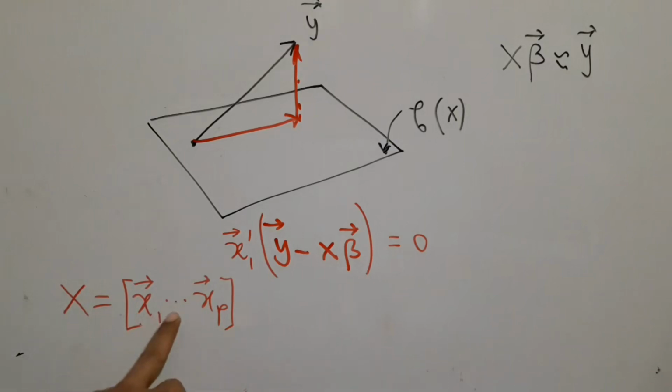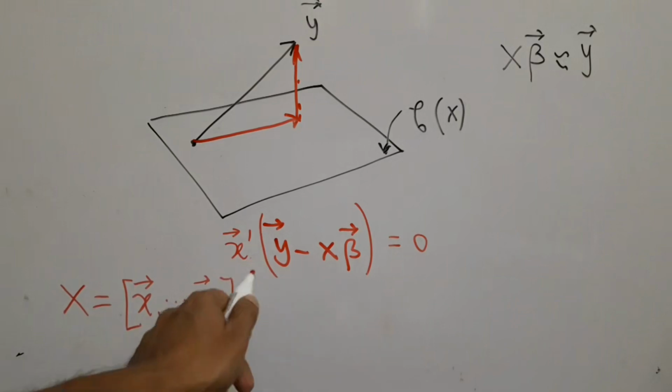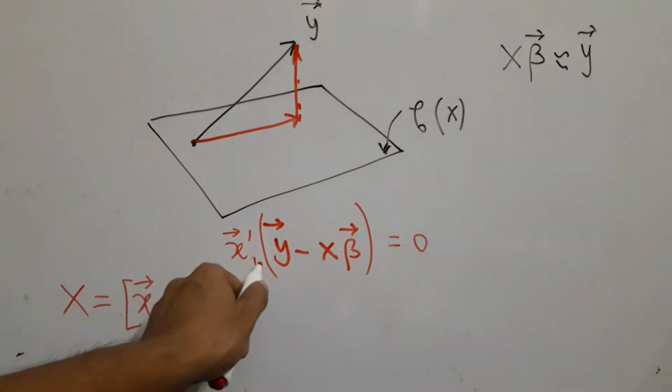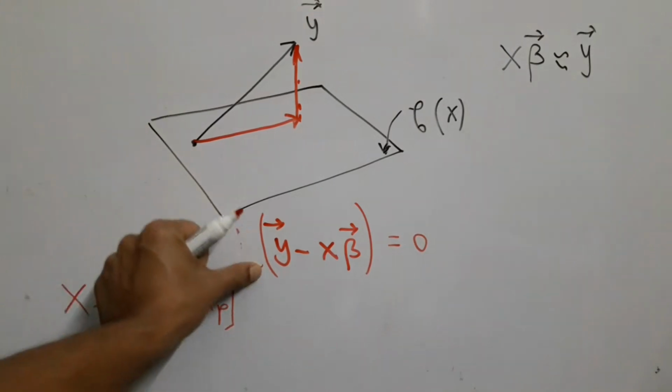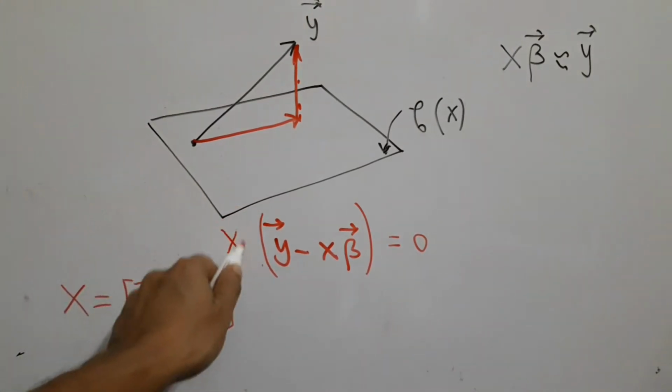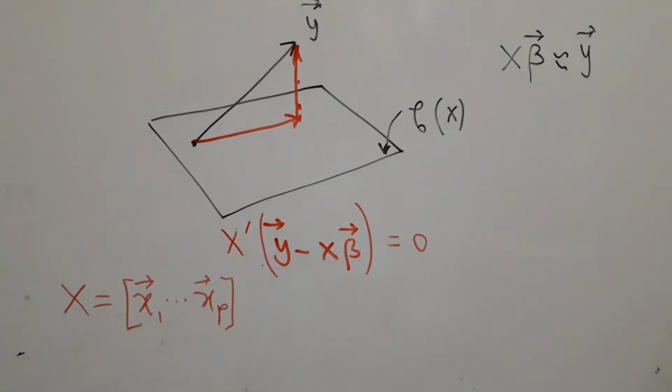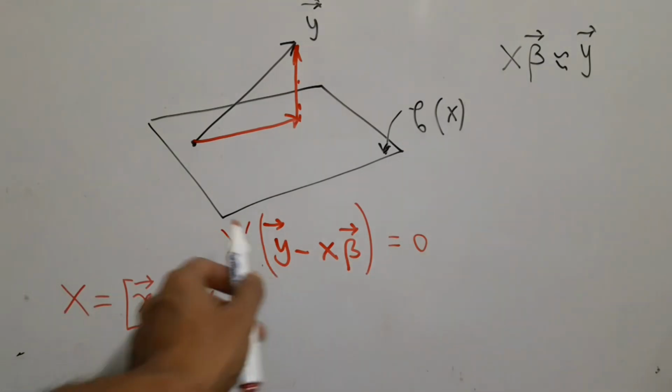Similarly, when I want to say that it is orthogonal to x2 also, I mean this. In general, this must hold for all i from 1 to p. So if I bunch all these things together, I can write X transpose times (y minus Xβ) equal to 0. And that is exactly how I got the normal equation. So this is why the normal equations are going to work.